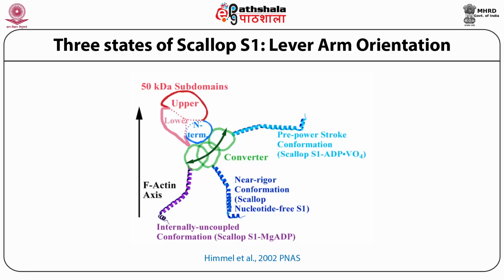You could clearly see from the internally uncoupled conformation to Powerstroke there is a huge difference. It's more than 90 degrees difference, and which causes this movement. So the small nucleotide which is bound and hydrolyzed in the active site is transduced to the lever arm, which causes a large structural change.